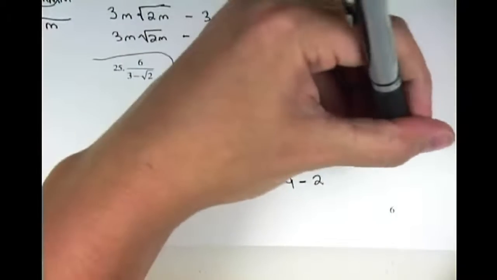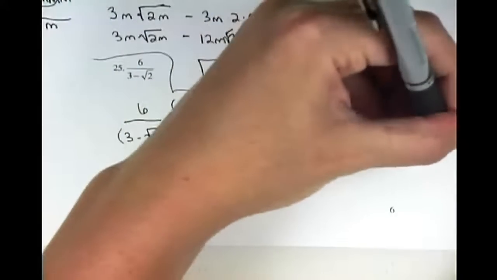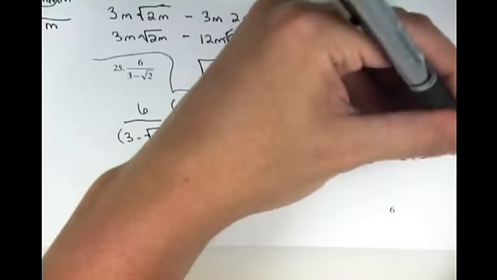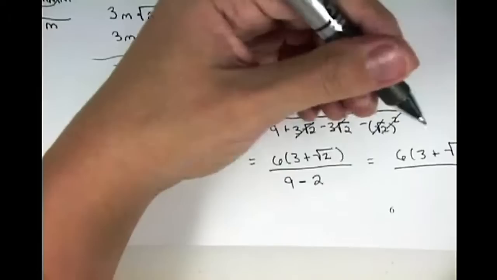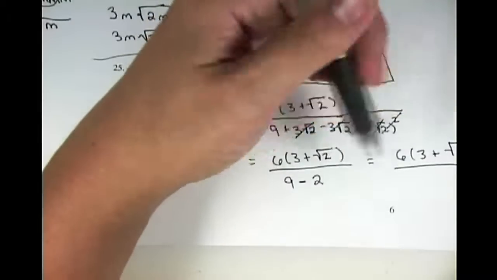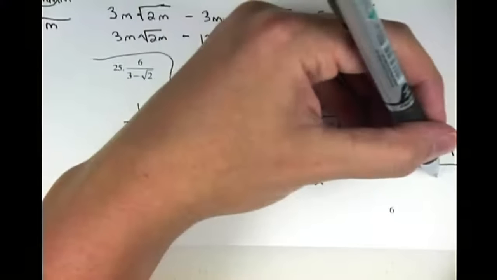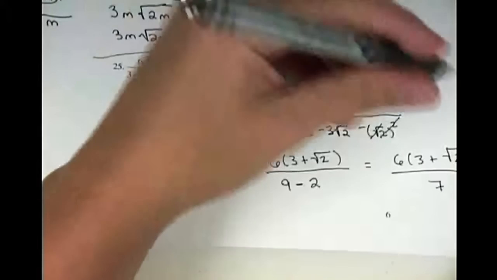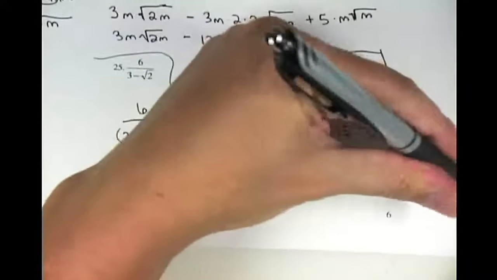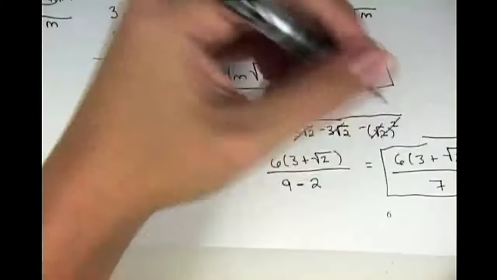Simplify it a little bit more. Again, you can distribute this 6, but some books would make you undo it if you want your answer to match the back of the book. 9 minus 2 is 7. So this is an acceptable answer, and that's the answer that's in the back of the book.